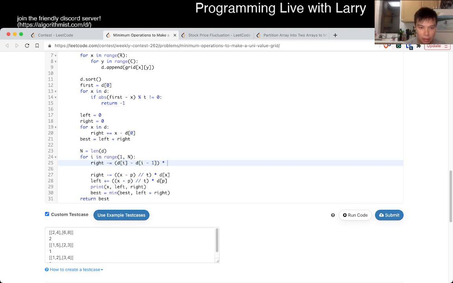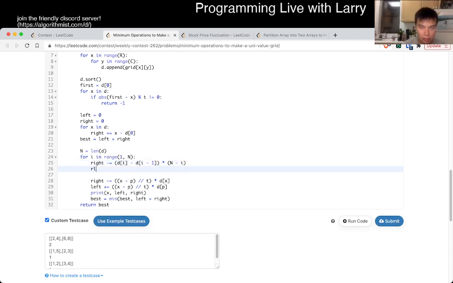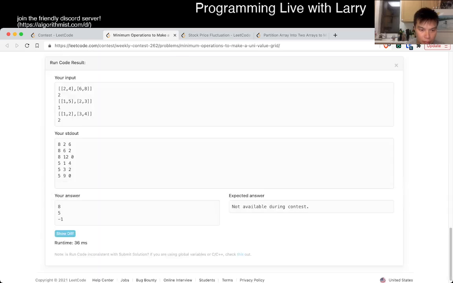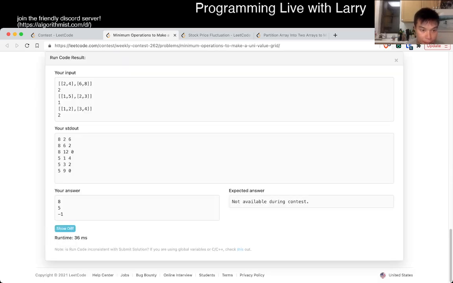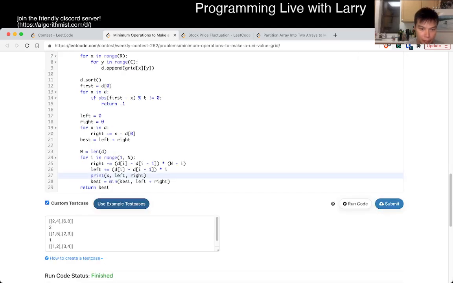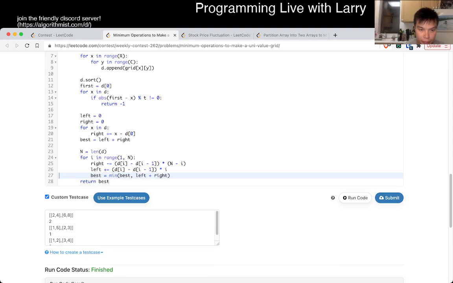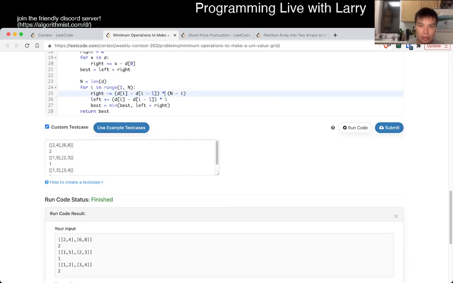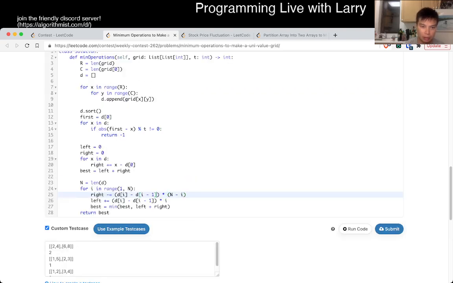Different times, every number to the left. It's not quite right, but so the delta, because these are not the number of moves, these are just delta. Okay.